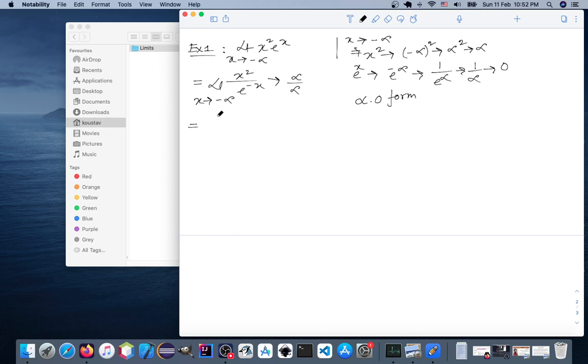Now we can apply L'Hopital's rule and get, as x tends to minus infinity, twice of x over minus e to the power minus x.